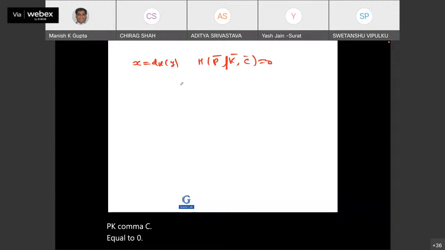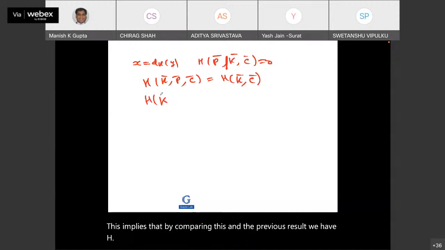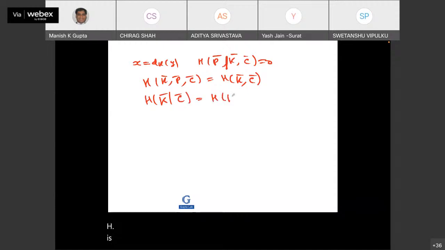So H(K,P,C) will also be equal to H(K,C). We can do the similar thing again, right? This implies that by comparing this and the previous result, we have H(K|C) is equal to H(K,C) minus H(C), from the previous result here.